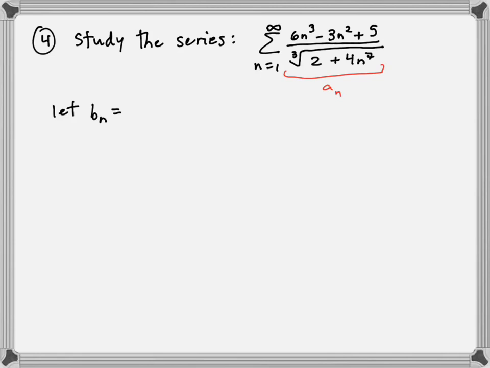And on the bottom, the term that dominates is the n to the 7th term. Okay? So I'm going to make my bn equal to n cubed over cube root of n to the 7th, right?